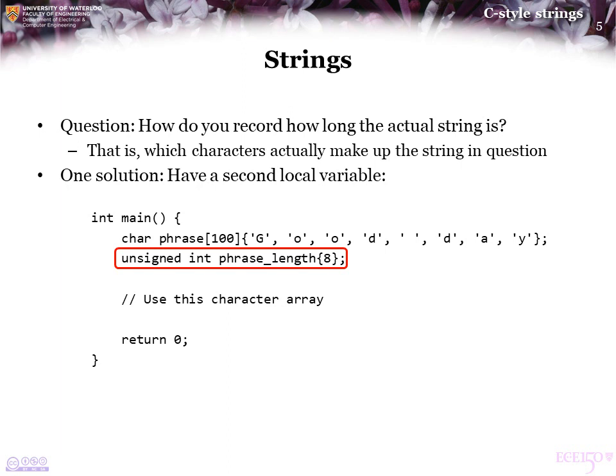If I change the length of the string, say add more text to the end of it or delete the word day, then I would also have to update the variable phrase length. Now, in a sense, this is a problem because at this point you must now pass around 2 variables. First, the array itself, and then the variable that is storing the length.